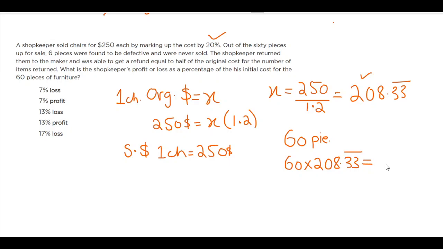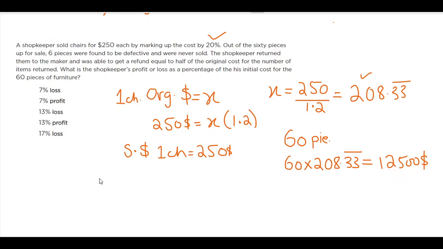So I'm just going to do 250 divided by 1.2, multiplied by 60 again. I get a clean number, thank God. So this is the original cost to him.